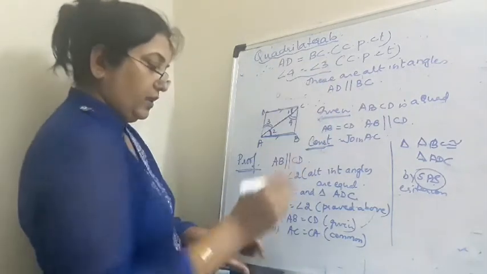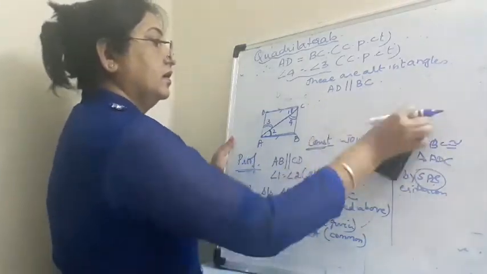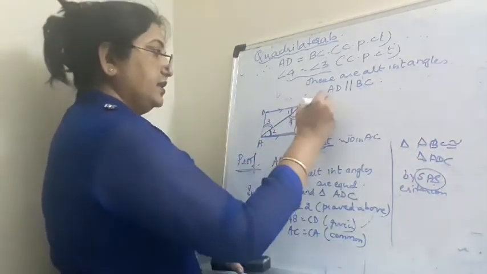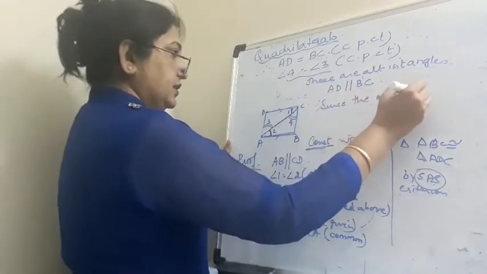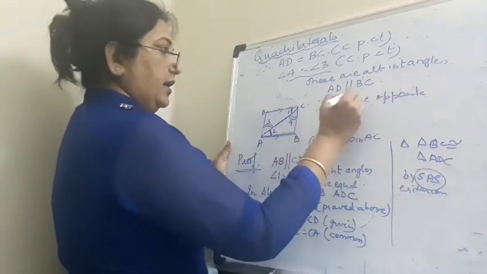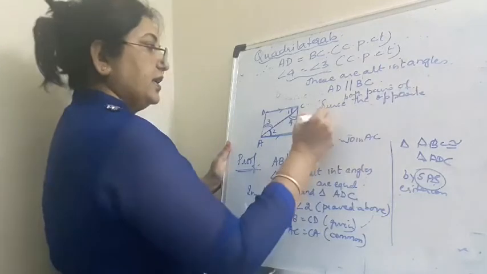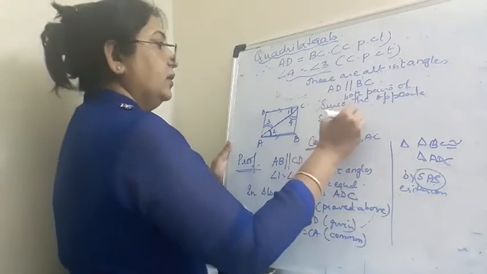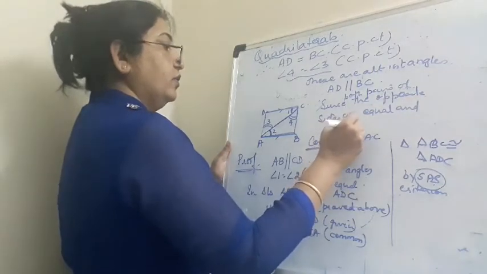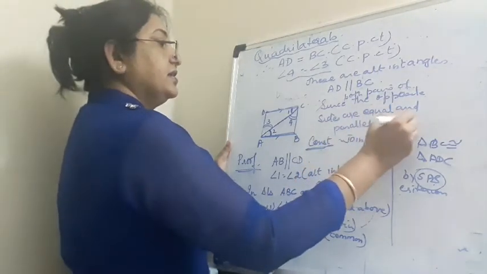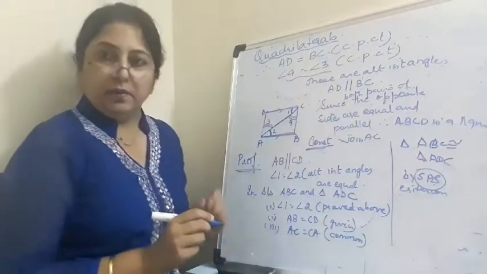So therefore, since both pairs of the opposite sides are equal and parallel, therefore ABCD is a parallelogram.